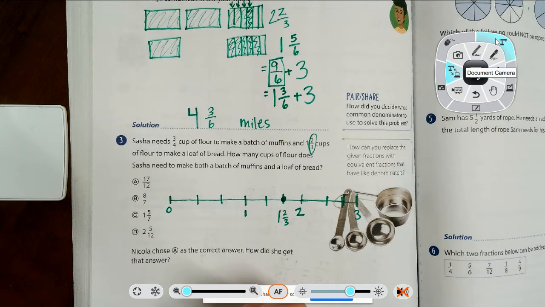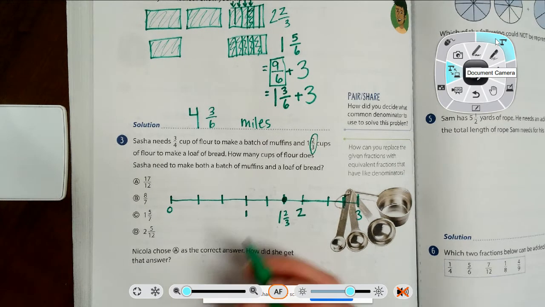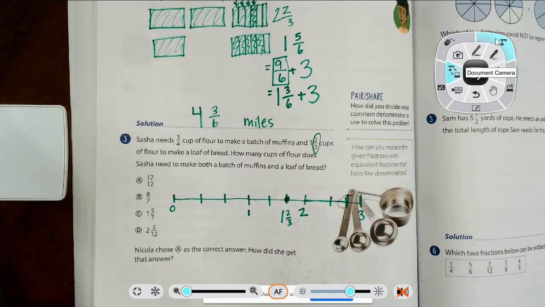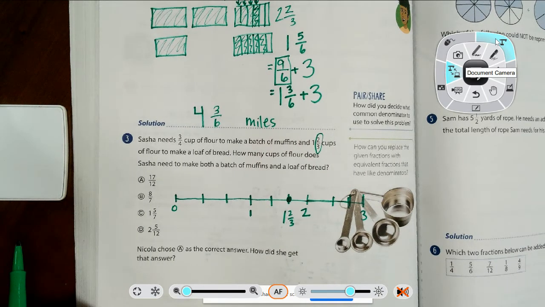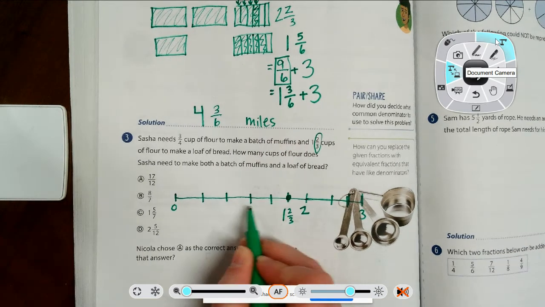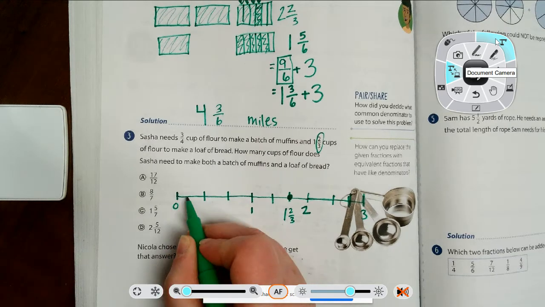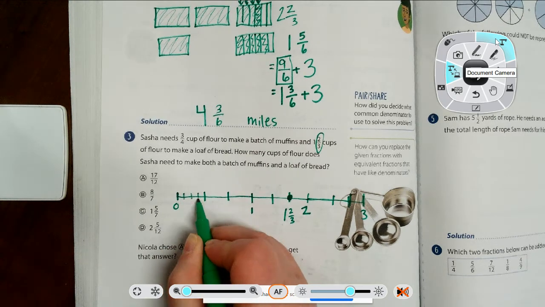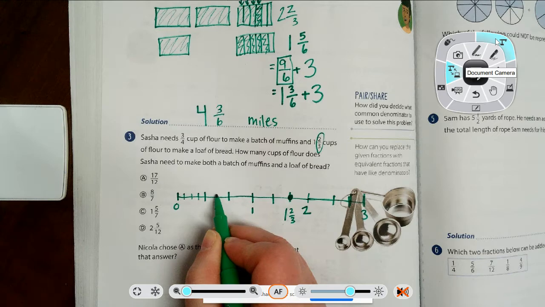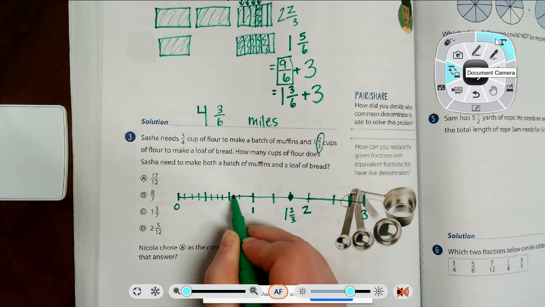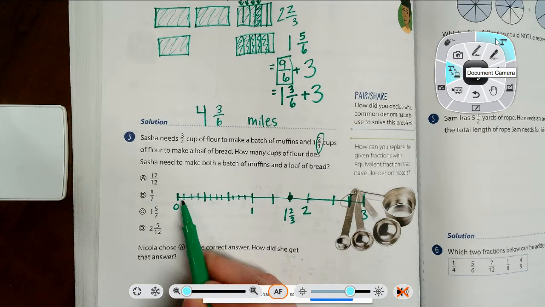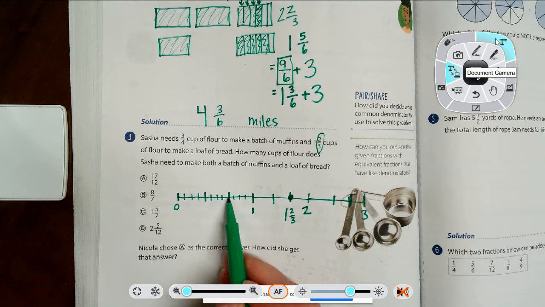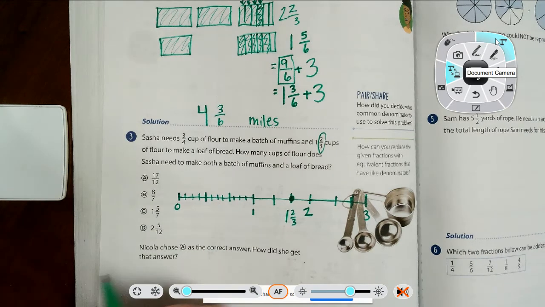Now, in order to add 3/4, that means that 3 and 4, if I were to multiply those together, would give me 12. So I can turn this into 12 by turning each of these into fourths. Check that out. So now I've got 1, 2, 3, 4, 5, 6, 7, 8, 9, 10, 11, 12.